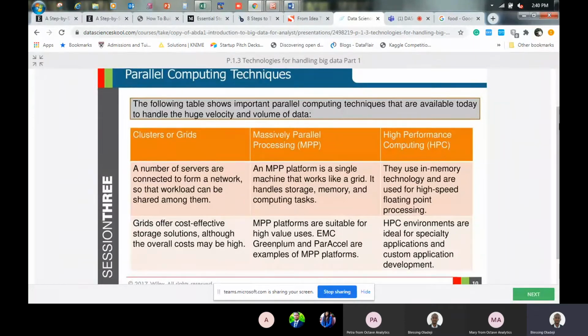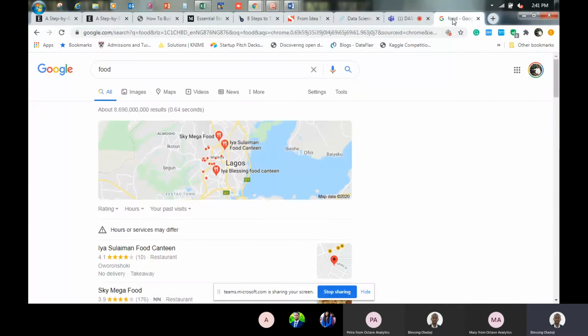If you look at Google, it's like a grid. That's why you can have google.com.ng, google.co.in, google.co.uk, google.com, many different countries.